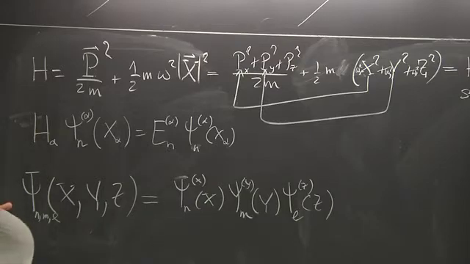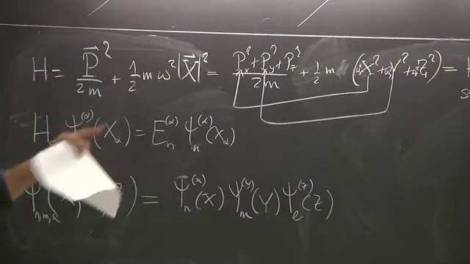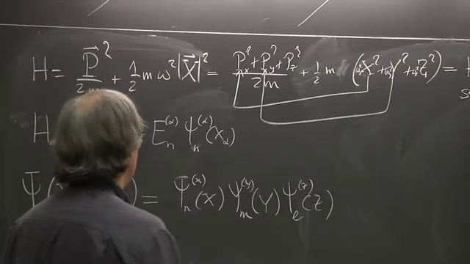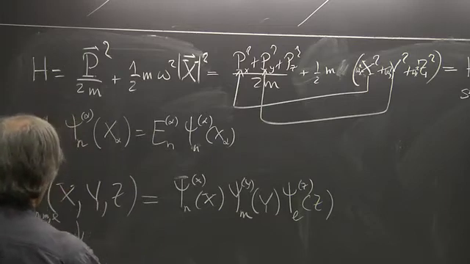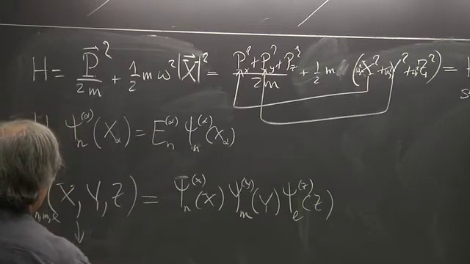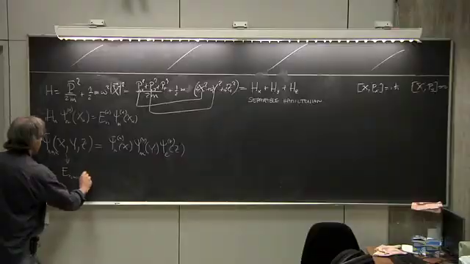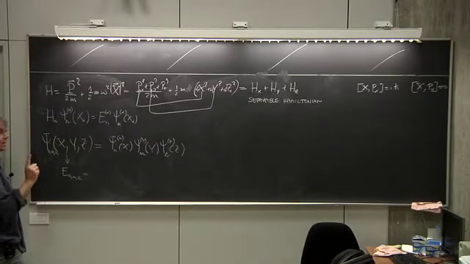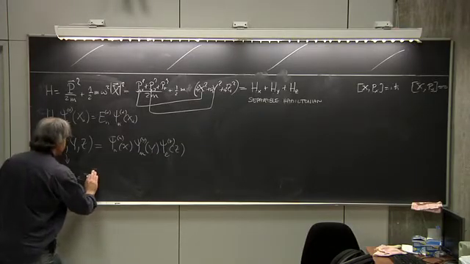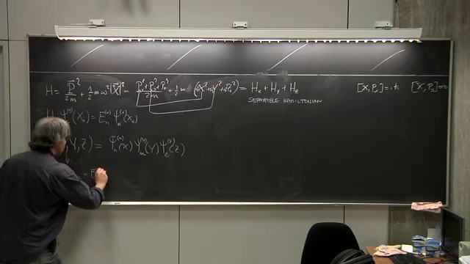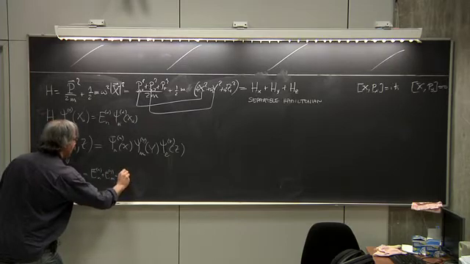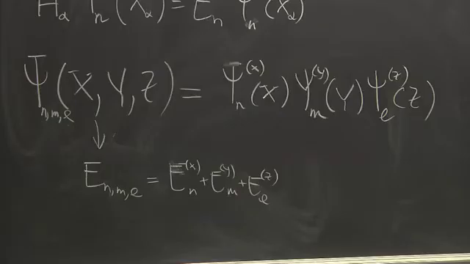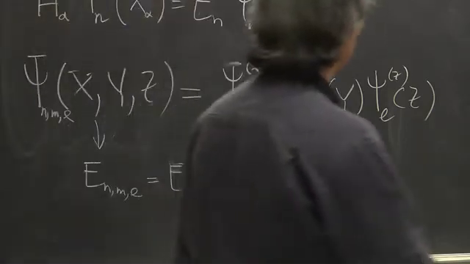Now, let's prove that this is a wave function of the full H. Very, very simple thing. And in fact, we will see that the corresponding energy, which also has labels n, m, L, is this time not the product, but the sum. So it's E x n plus E y m plus E z L. The proof is very, very simple, but let me sketch it.